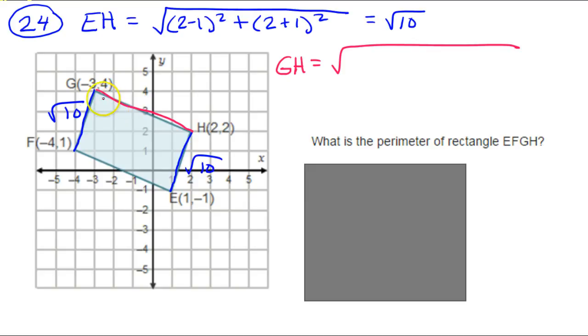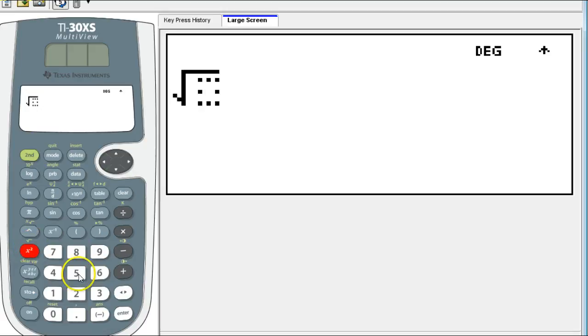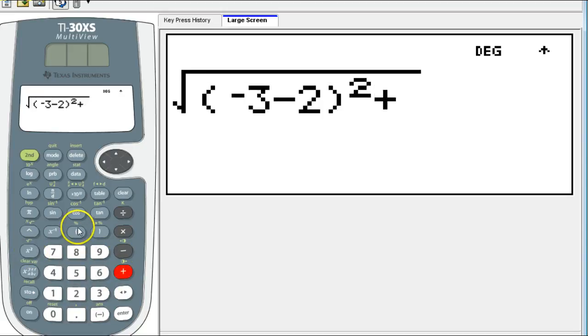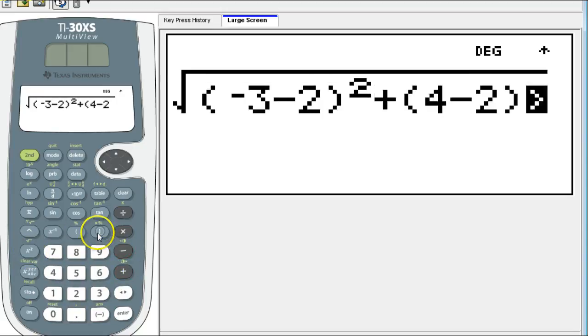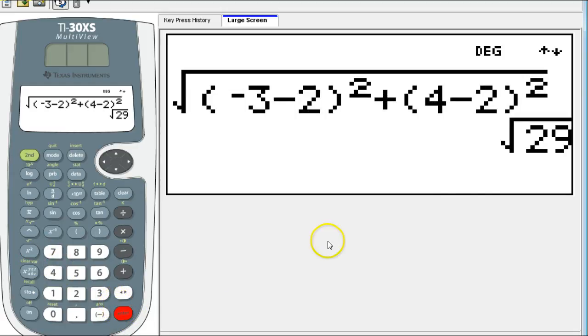So we can do -3 minus 2, x minus x, and 4 minus 2, and see what we get. Okay, I got square root of 29.